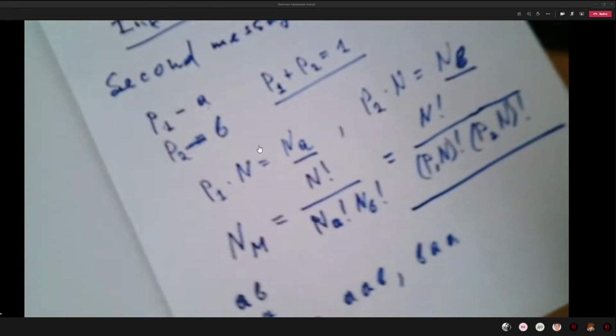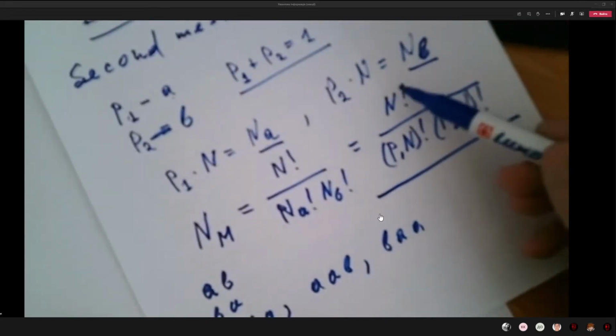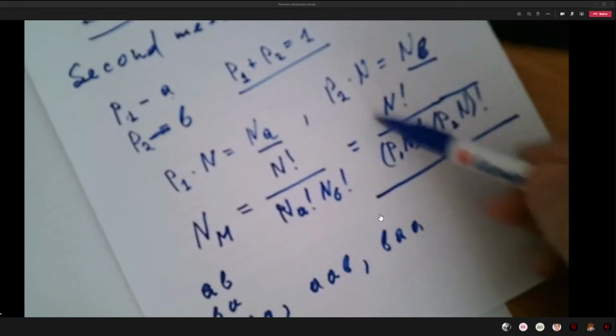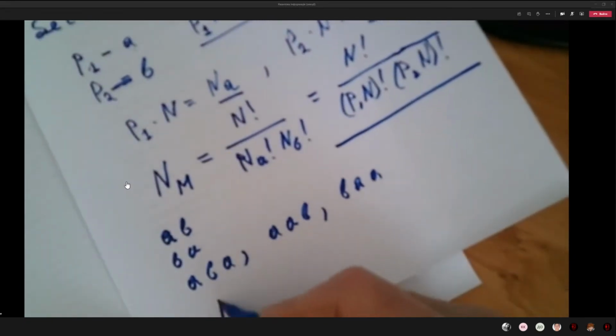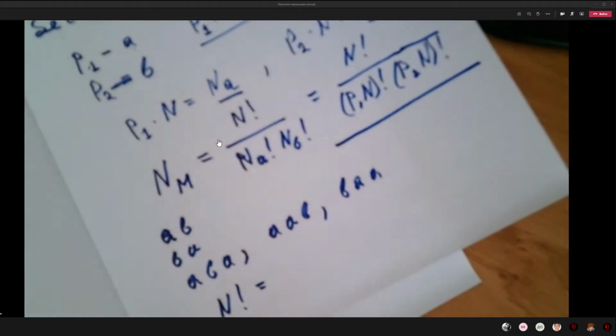And now let us consider that n is sufficiently large, a very large number. Then for n factorial, let us use the Stirling approximation. I think that from probability theory, you have a course on probability.